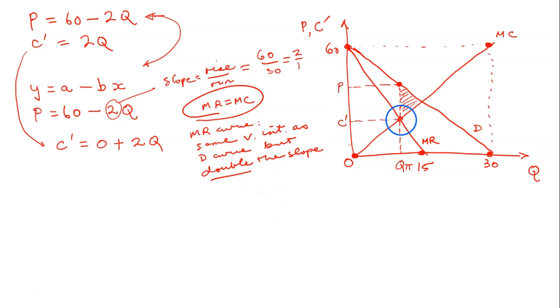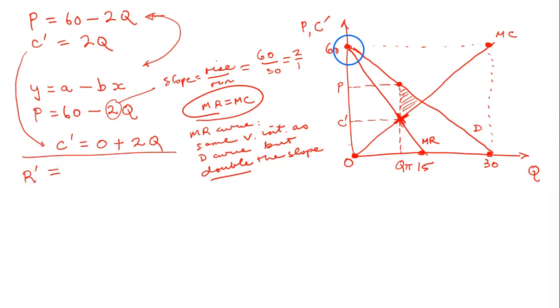So how are we going to figure that out? We can ask what is the quantity at the point at which the marginal revenue curve and the marginal cost curve intersect? We need an equation for our marginal revenue curve. That's not too hard.